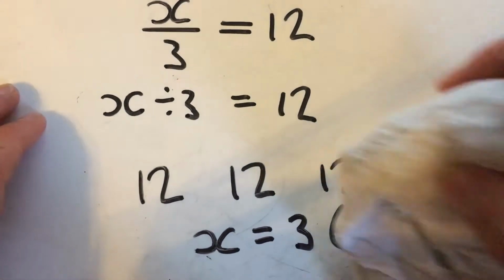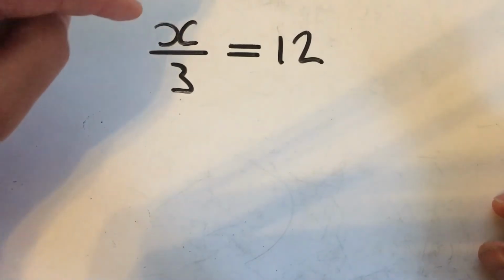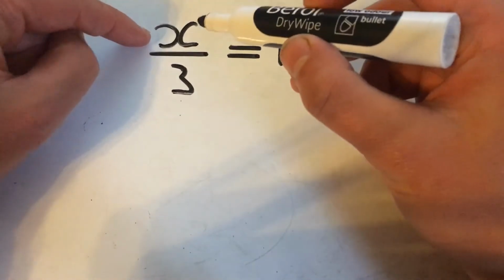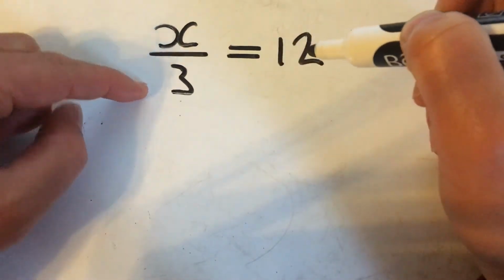Let's solve this another way. You'll see how important it is to know how to read the equation. We start with the x, the variable, might not be an x all the time, and we work our way out from there. So we have x divided by 3 equals 12.